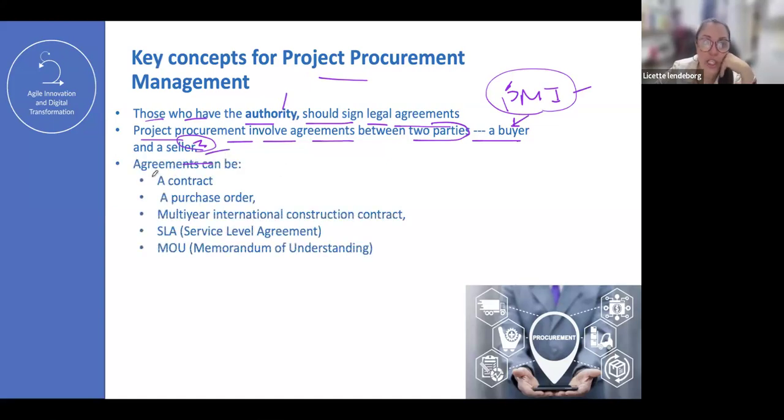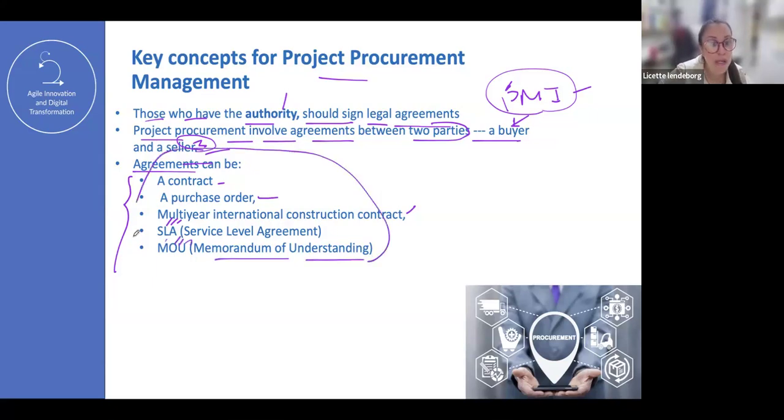Number 3, pay attention because this is sometimes confusing. Agreements can be a contract, that is an agreement. A purchase order, that is an agreement. A multi-year international construction contract, that is an agreement. You see, those are agreements. An SLA, what does SLA say? A service level agreement. It could be a MOU. What does that say? A memorandum of understanding.